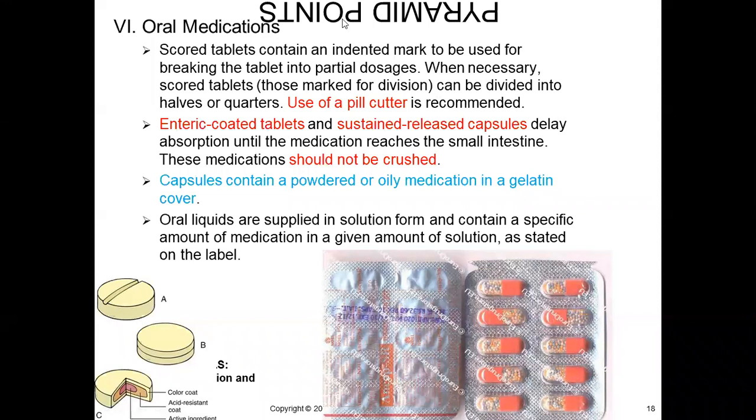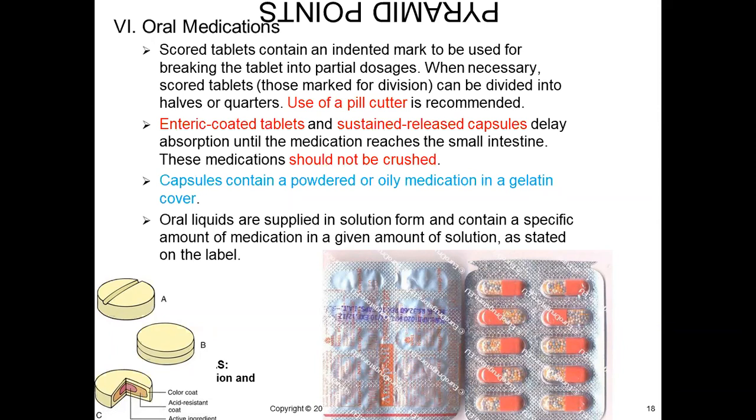So enteric coated tablet. Some tablets are layered with a thin layer. This is the color coat, an acid resistant coat. So when this medication is in the stomach, acid does not destroy it.